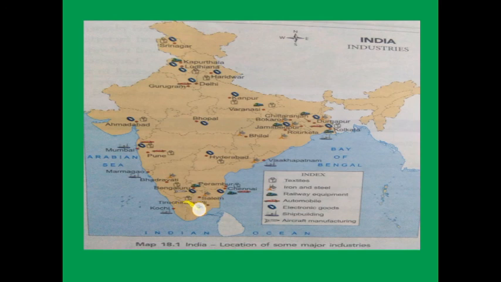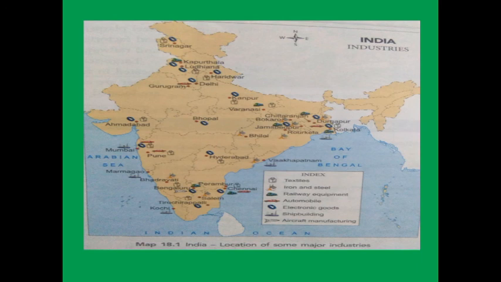Okay, Bangalore. And in India, aircrafts are made in Bangalore. Then Nasik, that is in Maharashtra, Hyderabad, Telangana, and Koraput, that is Odisha. Look at the map and find these places in the map.